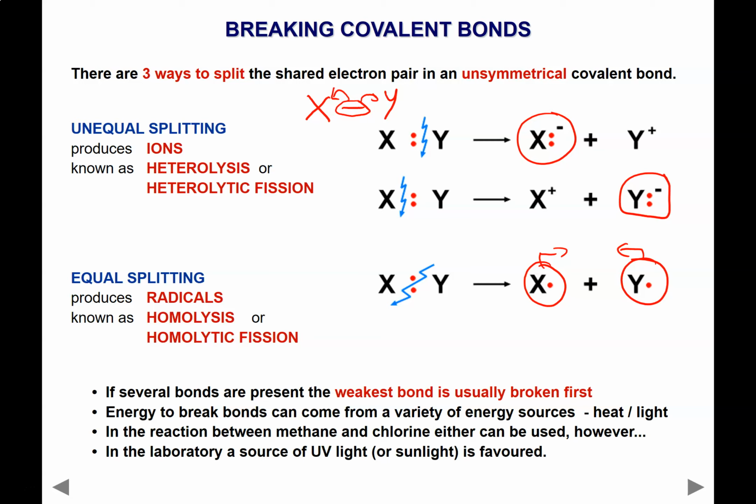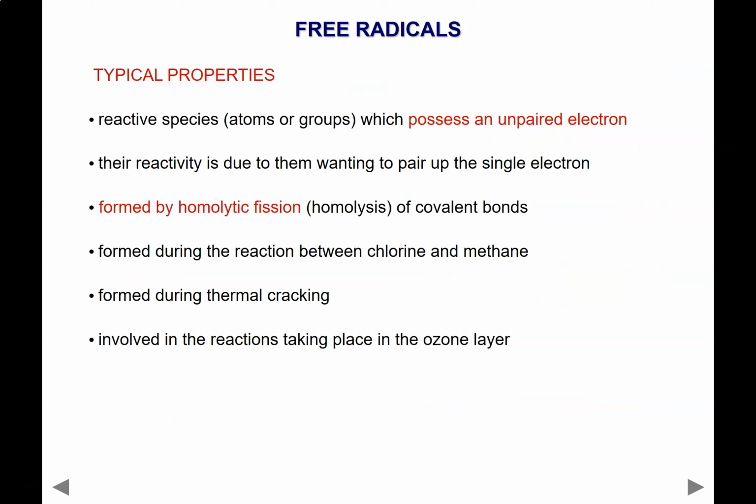In order for that bond to be broken, you need some source of energy. That energy can come from heat or light, and in the example we're going to look at, UV light is used in order to form chlorine radicals. So these are typical properties of some free radicals that you can read down through.